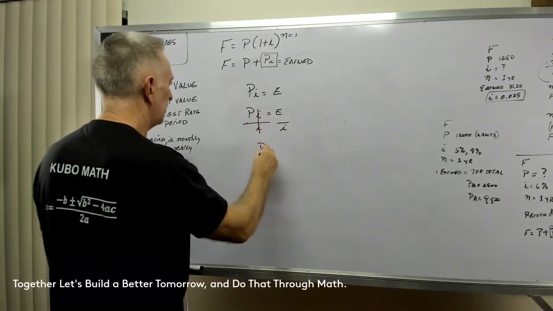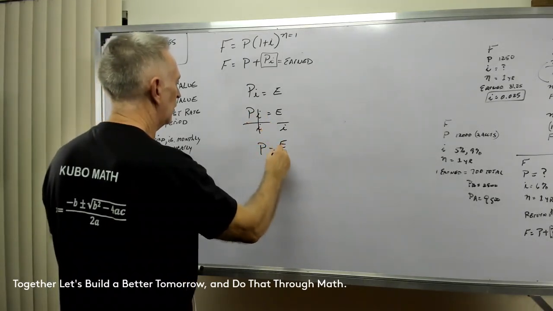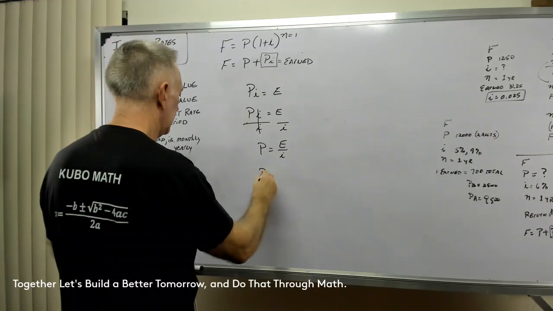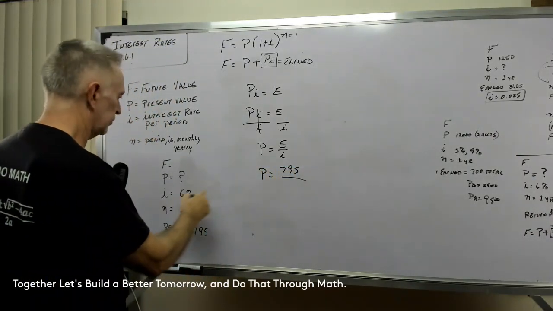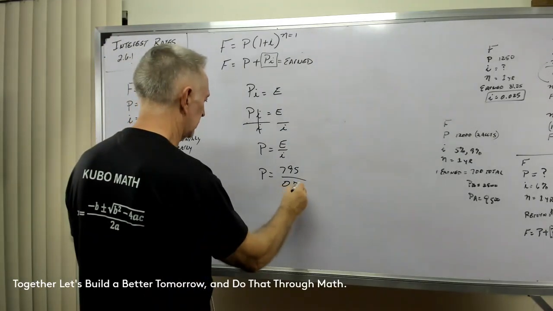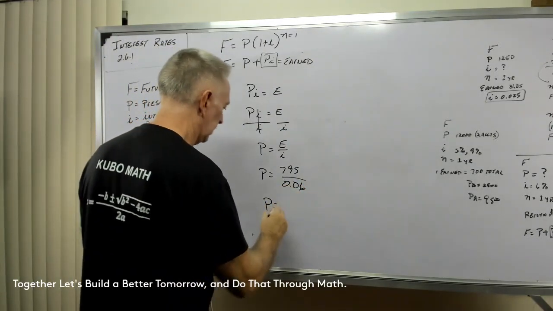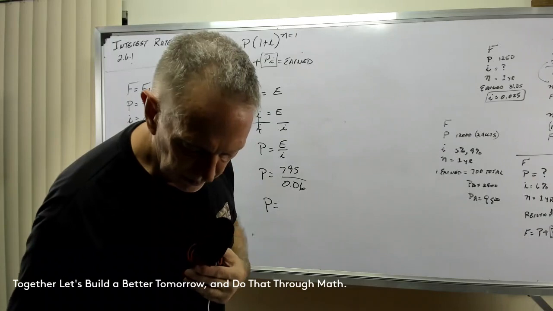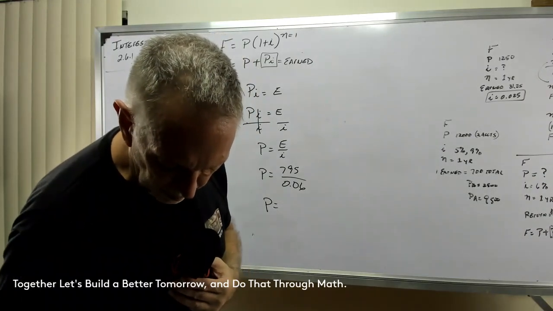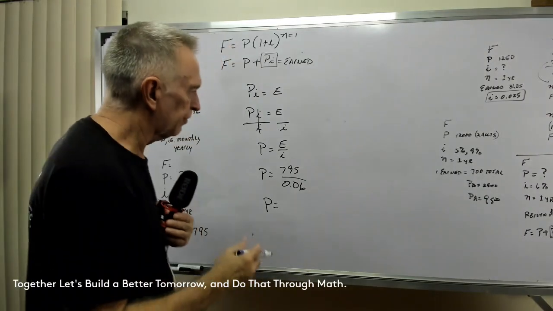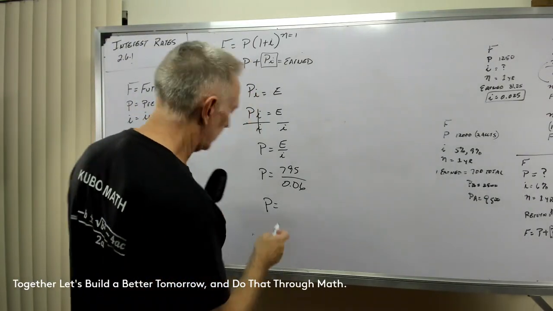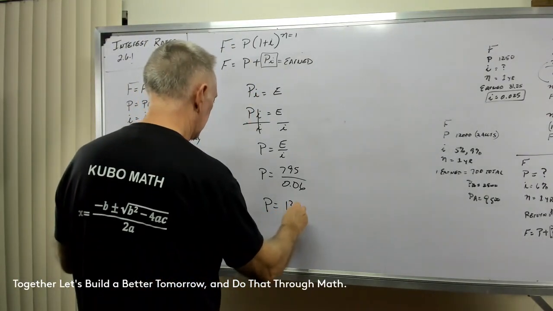That leaves me P equals E over i. So P equals my earned of 795 divided by 0.06. So P equals 795 divided by 0.06, 13,250. Is that what I had there? Yeah, 13,250.